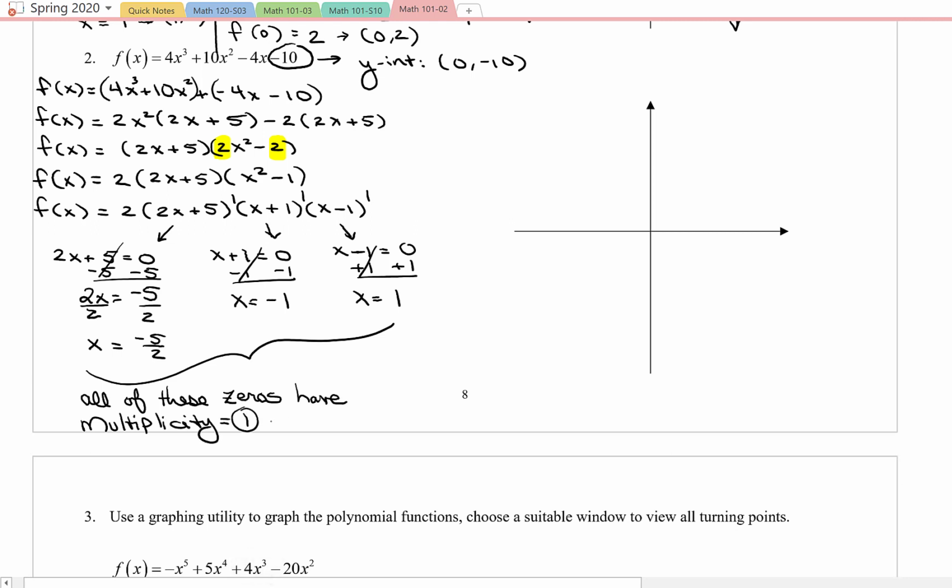And because that 1 is an odd number, that means that these values of x, where these create the x-intercepts, this function crosses the x-axis at each one of these values.